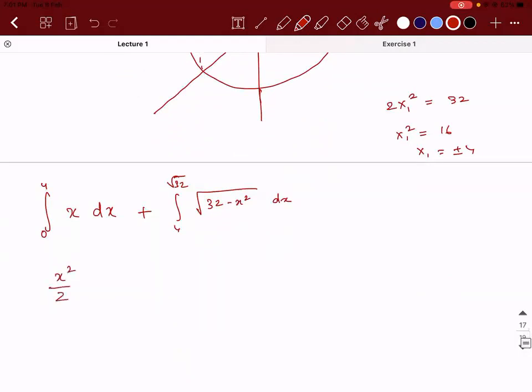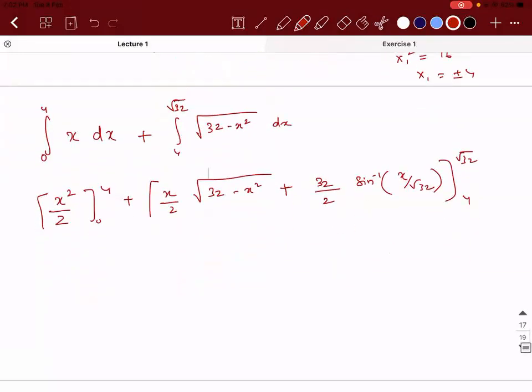So it is x square by 2 between 0 to 4, plus the integral of root of 32 minus x square, which is x by 2 into root of 32 minus x square plus a square by 2 into sine inverse of x by a, between 4 to root 32. So substitute the upper limit. 16 by 2 is going to be 8, plus substitute the upper limit here. This becomes 0.